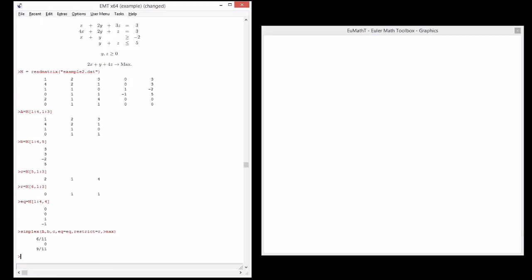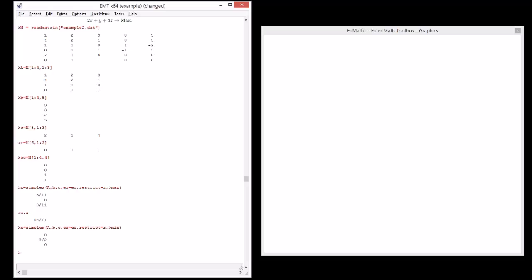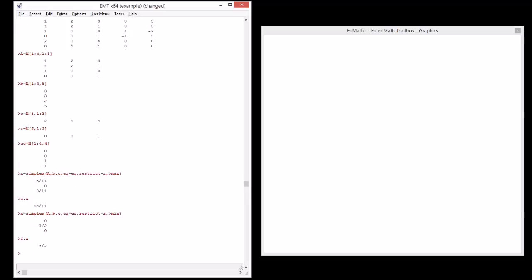We get this solution. The value of the result is C times X. Now let's try the minimum. Will be that, and the value is 3/2.